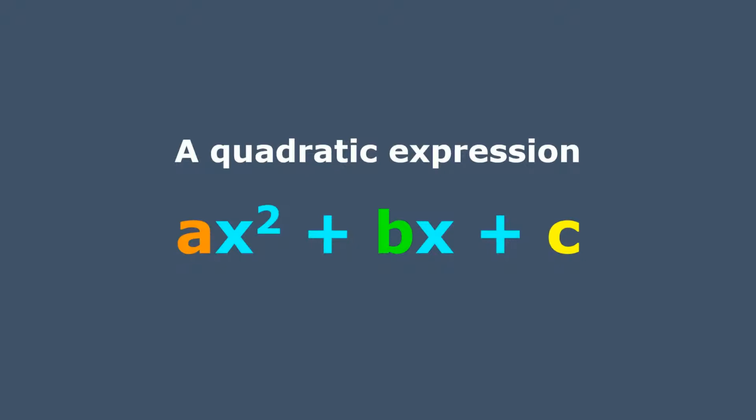A quadratic expression is usually given in the form ax squared, plus bx, plus c, where a is the multiple of the squared x term, x squared, b is the multiple of x, and c is the number. The letters a, b, and c all stand for different positive or negative numbers.